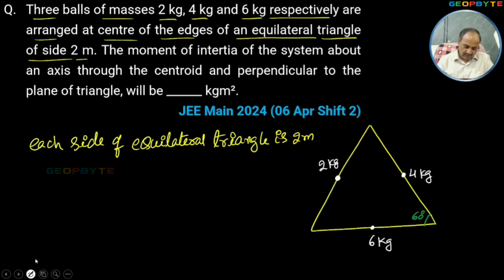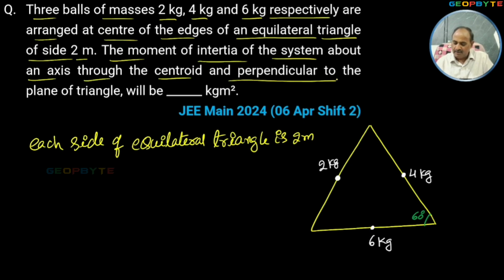Okay. Then the moment of inertia of the system about an axis through the centroid and perpendicular to the plane of the triangle will be. You are asked to find the moment of inertia of the system about the centroid, perpendicular to the plane of the triangle.